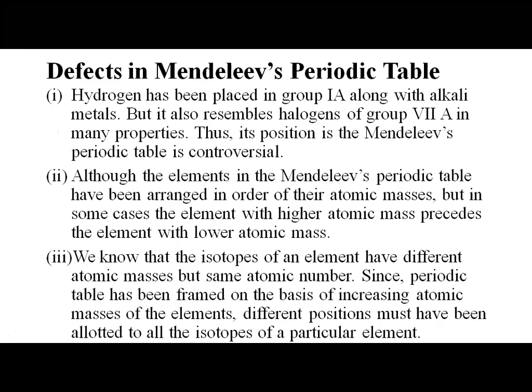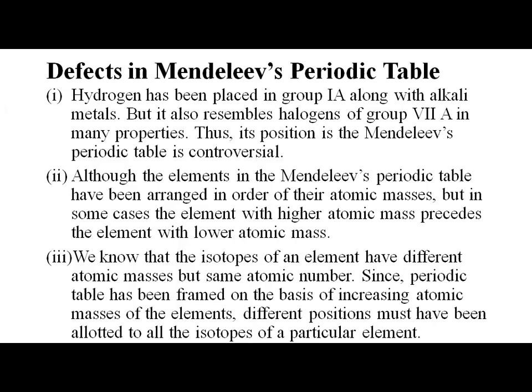Thus, its position in Mendeleev's periodic table is controversial. First one, the position of hydrogen was not fixed. Second point, although the elements in Mendeleev's periodic table have been arranged in the order of increasing atomic masses, in some cases the element with higher atomic mass precedes the element with lower atomic mass. Just now we have seen argon and cobalt were placed before potassium and nickel.